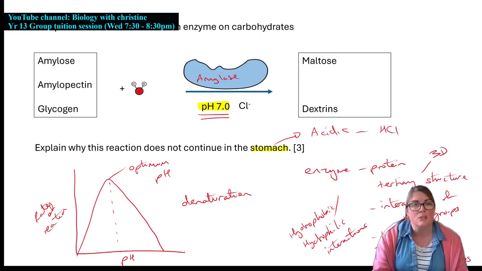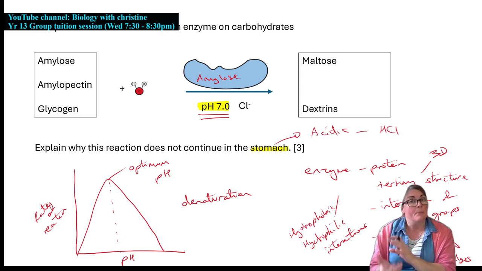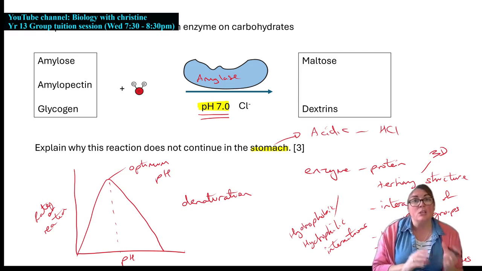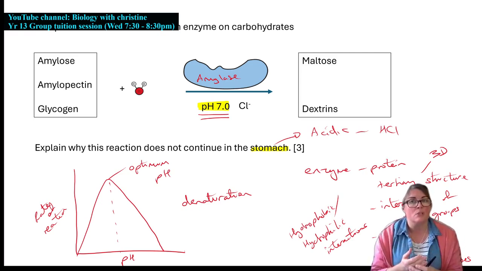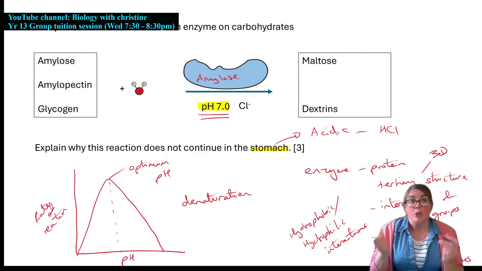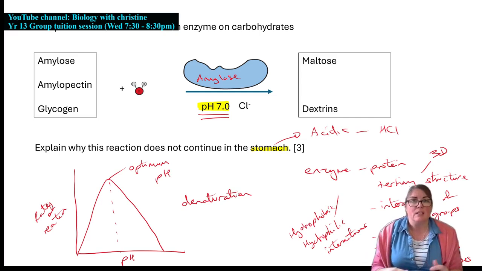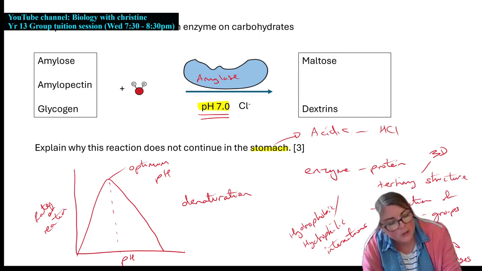So that's going to be affected by the pH changing. So if the optimum pH is 7, as it's told you in the question, and it's moving away from the pH of 7 down towards the pH of 2, which is what you find in your stomach acid, what you're then going to find is that change, that denaturation.